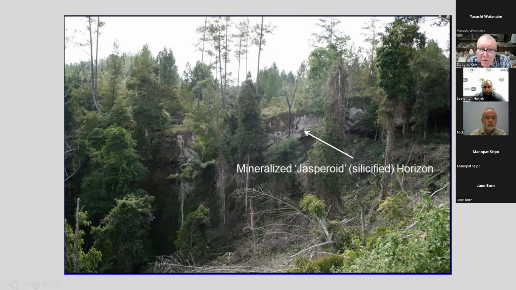So this would be something to bear in mind if you were doing an aerial reconnaissance or looking at Google Earth. You would be looking for areas of resistive highs that might represent the jasperoids.